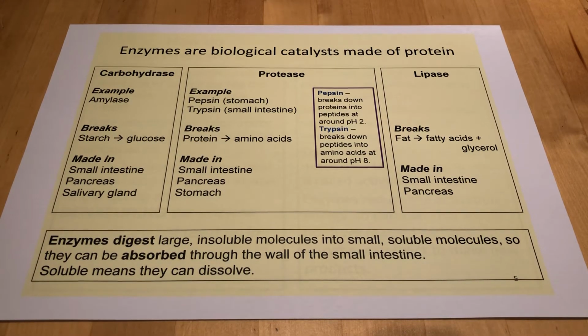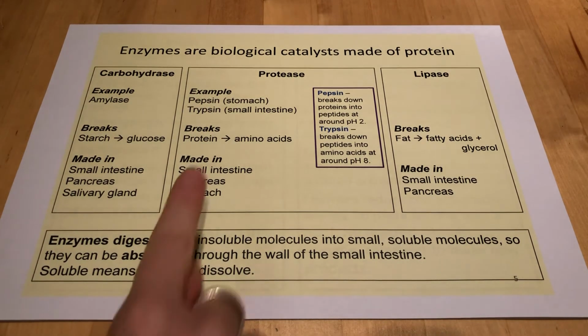Then we've got our protease, slightly more complicated, this one. We've got two examples. We've got pepsin, which works in the stomach. It thrives in acidic conditions. And then we've got trypsin, which works in the small intestine, and that works best in more alkali conditions. And if we are looking at doing the triple science exam, then we actually know there's an in-between stage here.